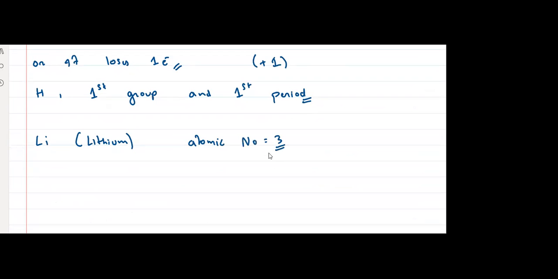Yes or no? Tell me. Right? 3, correct. If the atomic number is this, the number of electrons is 3 only. So tell me, in the first orbit, how many electrons can we have? 2 electrons.